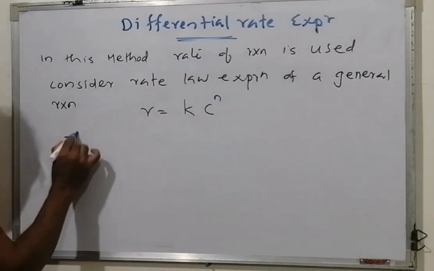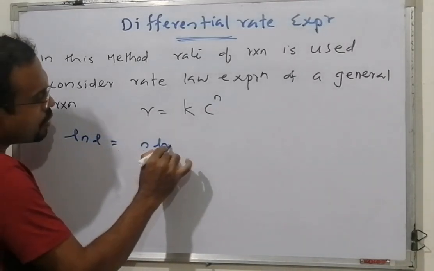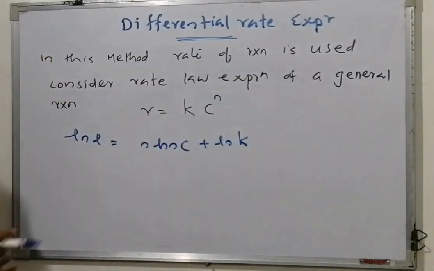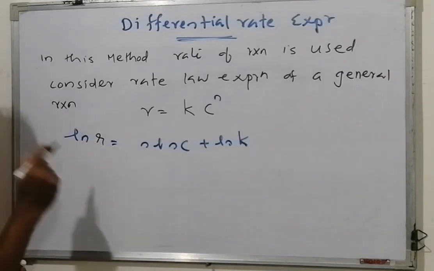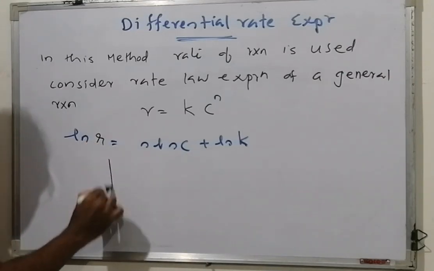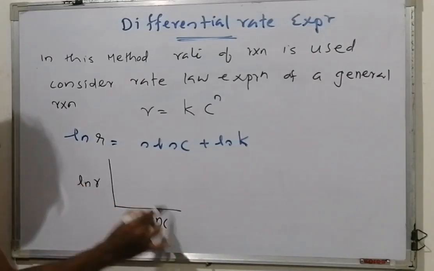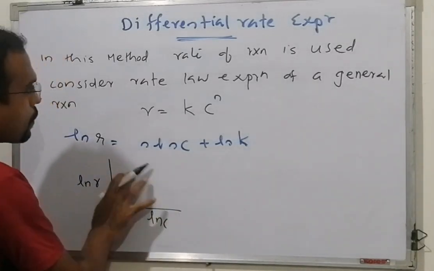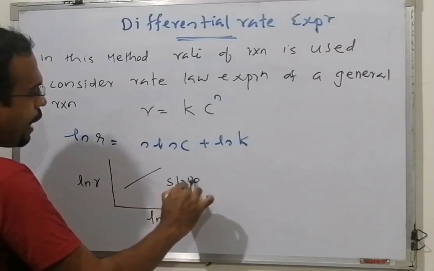If you take ln R, you will get n ln C plus ln K. You will get an equation like this, where this is ln R. Therefore, if you draw the graph of ln R against ln C, you will get a graph like this with the slope n.